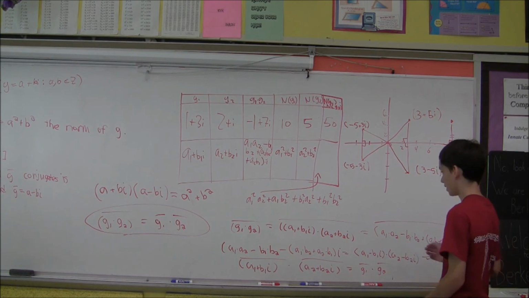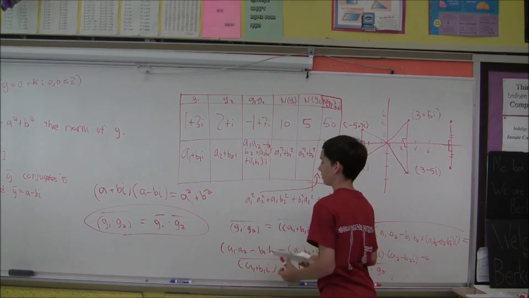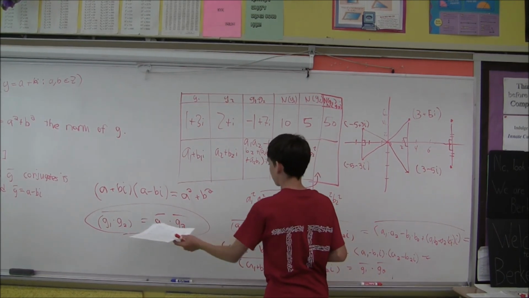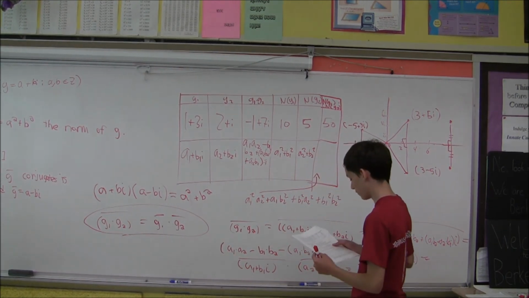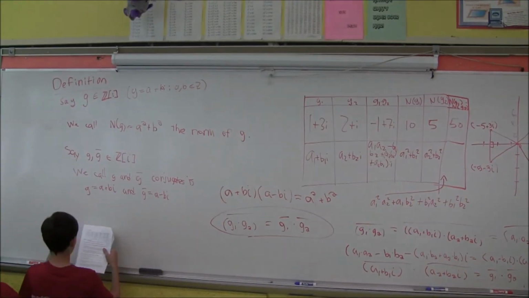So now that we have this, you can prove that the product of the conjugates equals the conjugate of the product. You can use that to prove that the product of the norms equals the norm of the products.